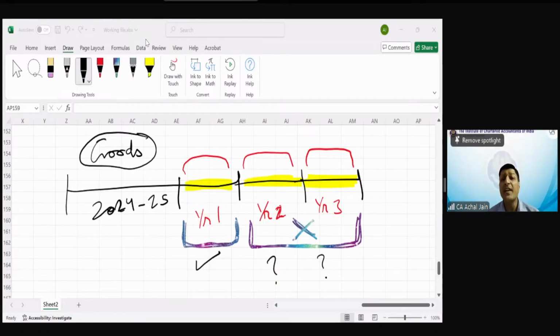Or you can say the valuation assertion will always be covered through the underlying document. Everyone clear? So I think with this, we are through in terms of the balance sheet captions.